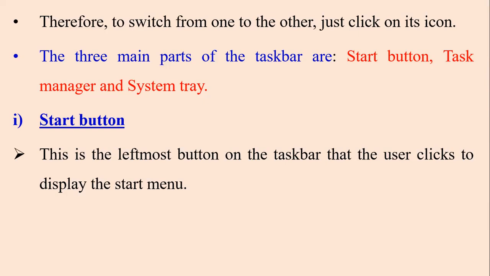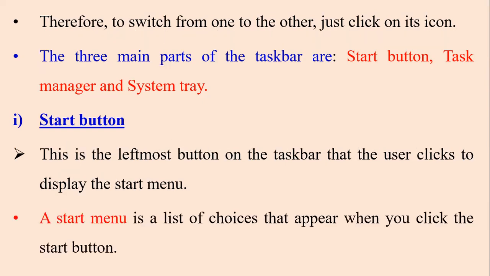In addition, the arrangement of those items will also depend on the operating system that you are using. And therefore, the list of the items under the start menu will vary from one operating system to another and also based on what the user wants to appear on the start menu. A start menu is therefore a list of choices that appear when you click on the start button.